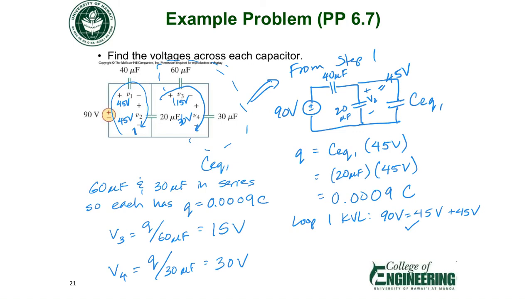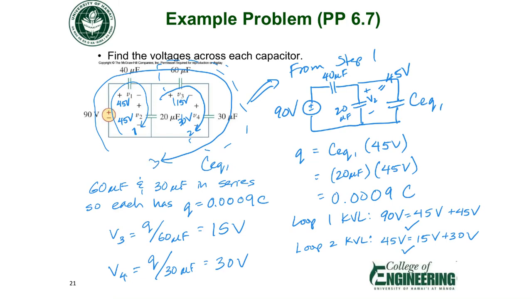Let's do KVL around loop 2. 45 volts equals 15 volts plus 30 volts. Okay, that's another true equation. We can also do KVL around the outer loop if we want. That's loop 3.